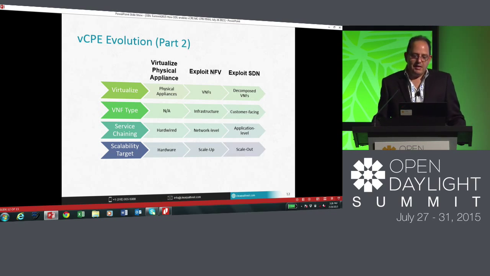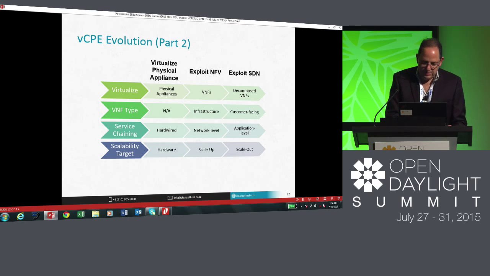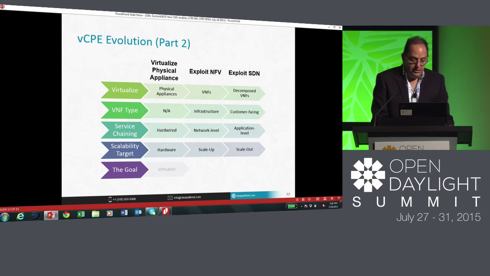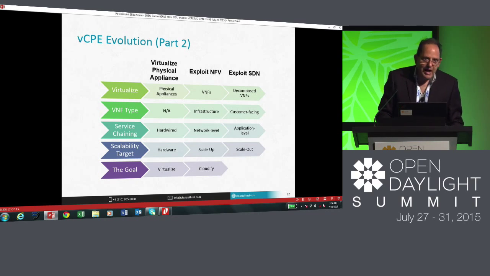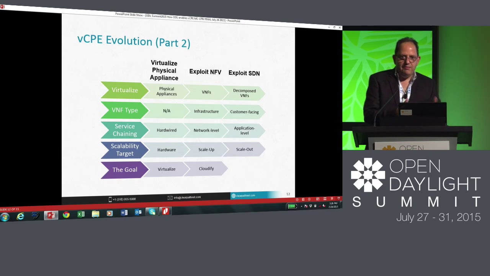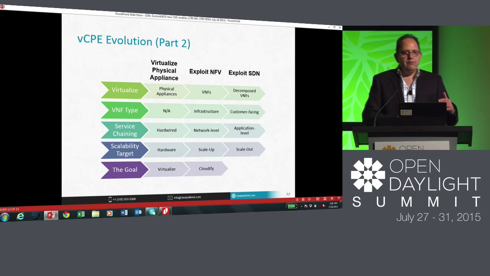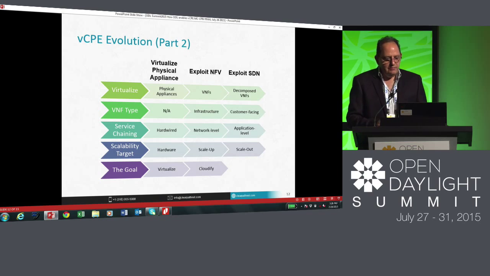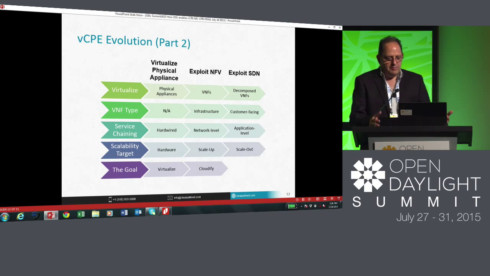And then ultimately, it's about scaling out. So again, scaling out is we don't necessarily need huge amounts of processing capability, but we need to be able to manage it across millions of subscribers, as we mentioned before. So the ultimate goal is to be able to virtualize at the first level, cloudify, which is the next step, which is what NFV set the industry on the path, which is to exploit the cloud and re-architect the virtualized appliance so that it can start to take advantage of aspects of the cloud.